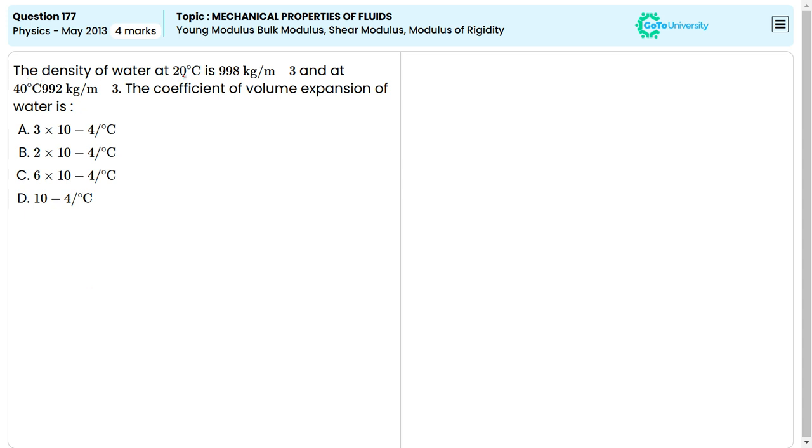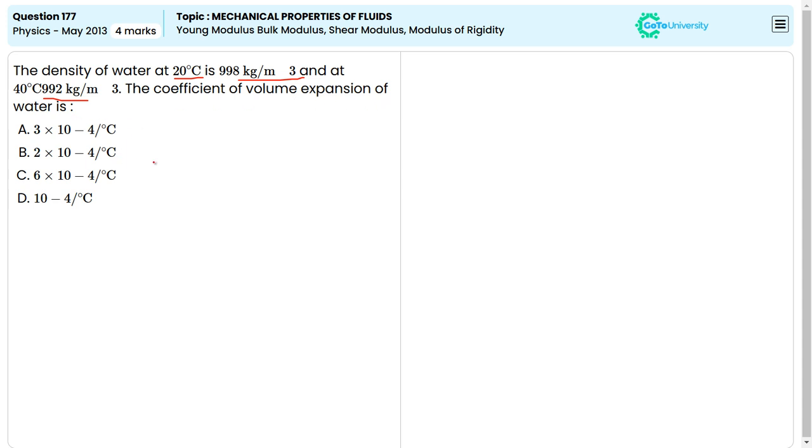The density of water at 20 degrees centigrade is 998 kg per meter cube and at 40 degrees centigrade 992 kg per meter cube. The coefficient of volume of expansion of water is?